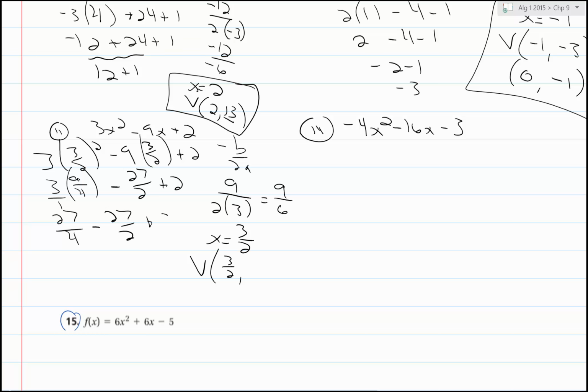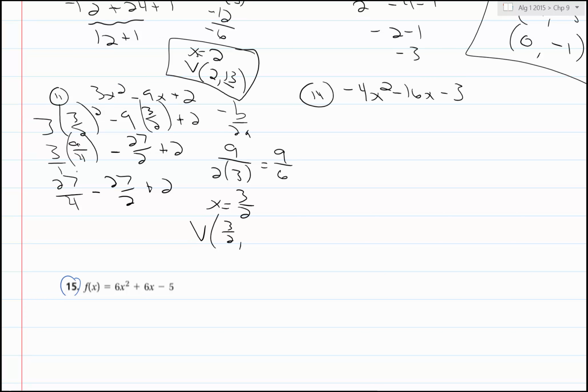plus 2. So this 27 fourths, 27 halves, we're going to multiply this one by 2 to get 4, and this by 2 to get 54. It gives me negative 27 fourths plus 2. Okay. So at this point, we want to convert our negative 27 fourths into its equivalent fraction. So how close can we get?